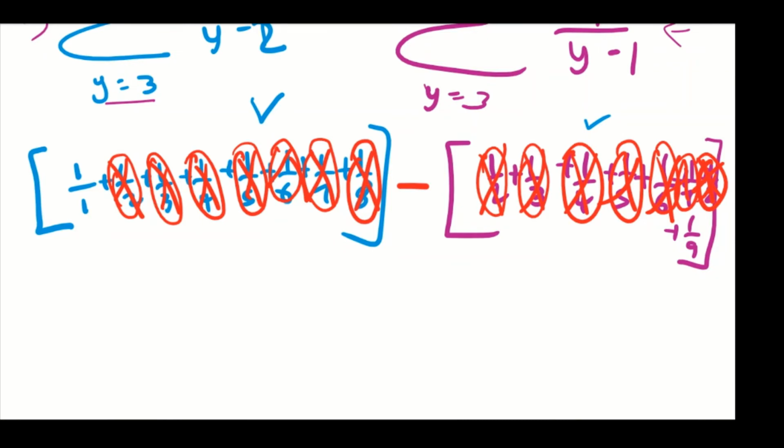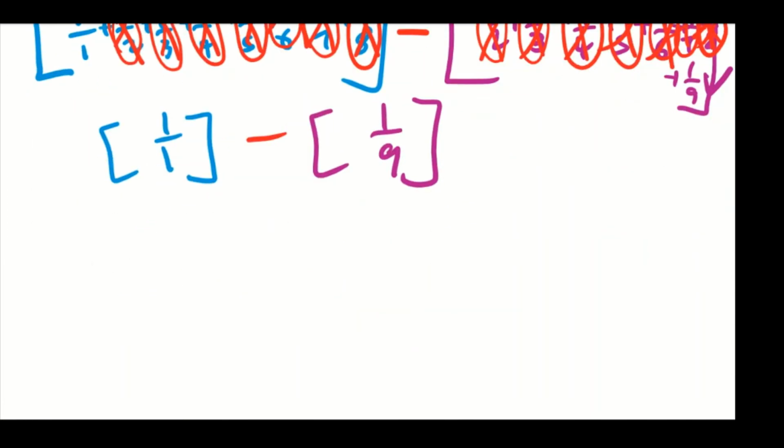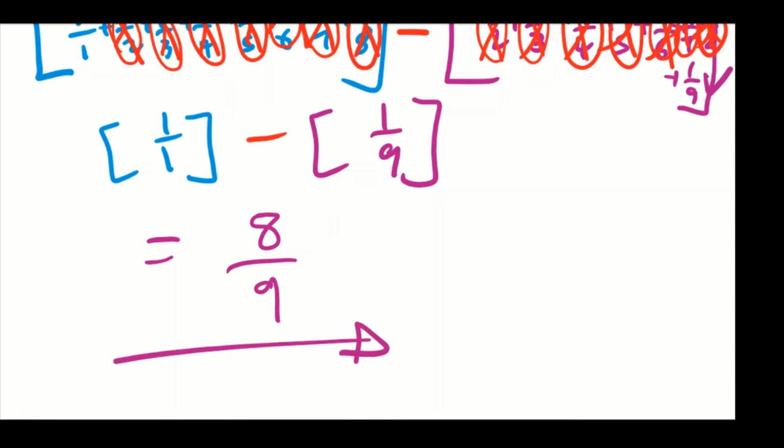What remains is this 1 over 1, subtracted by 1 over 9, this 1 over 9 here. So we're just going to separate these two to find a final answer of this problem. So it's just going to be 1 over 1 minus 1 over 9, which should give you an answer of 8 over 9. So this is the solution for this problem here.